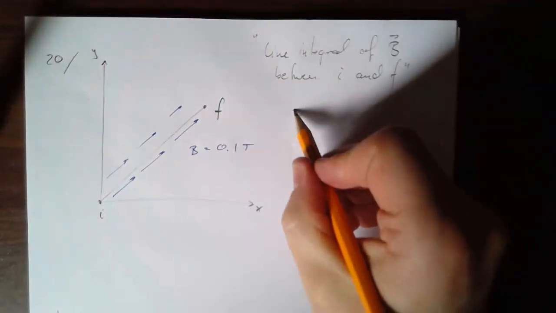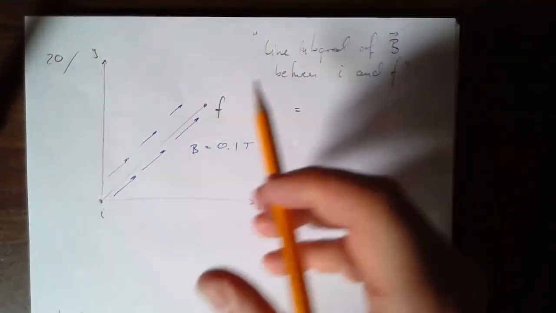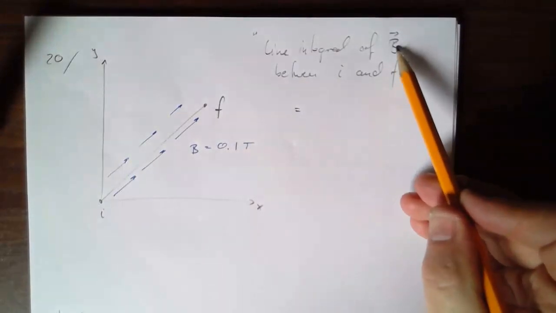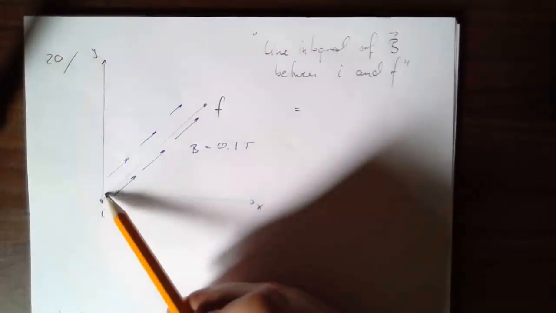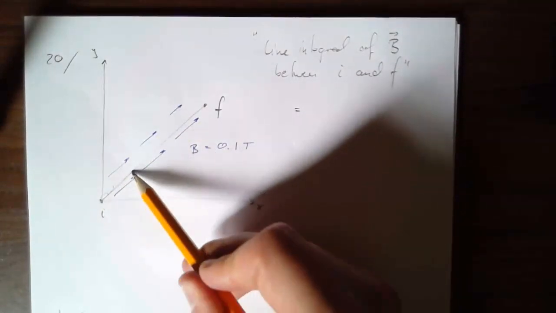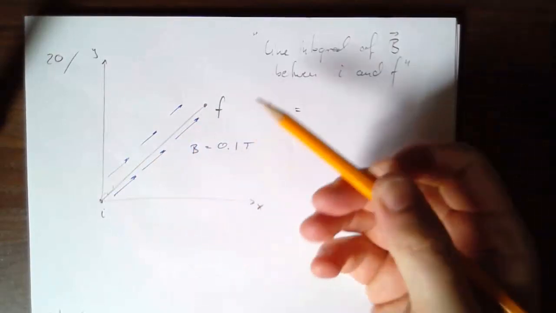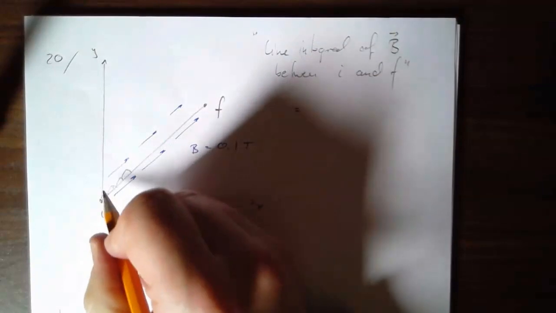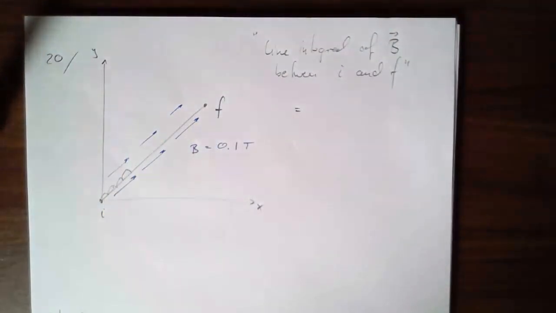So what is that thing? What it means is I'm going to take the dot product of B with each step. So I'm imagining I'm walking along this line, and the line I'm walking along here is straight. Makes our life a bit easier. And I'm going to take little steps. Each step I'm going to call ds.